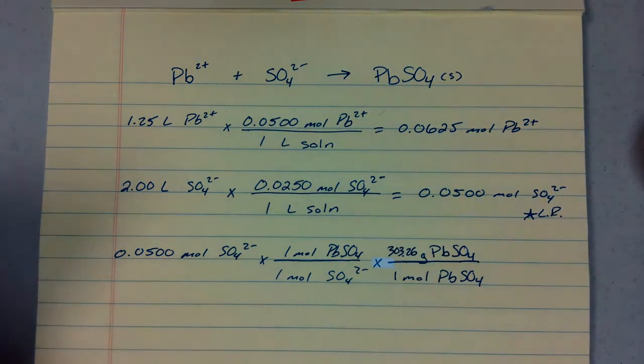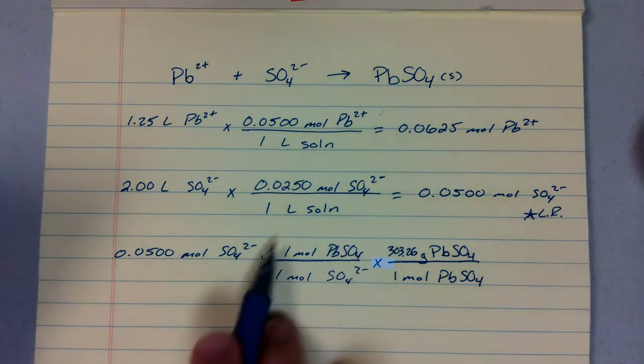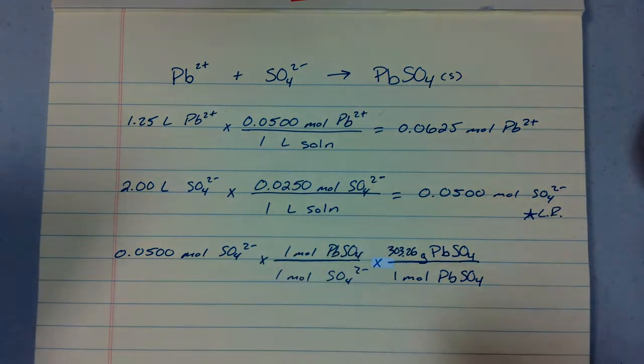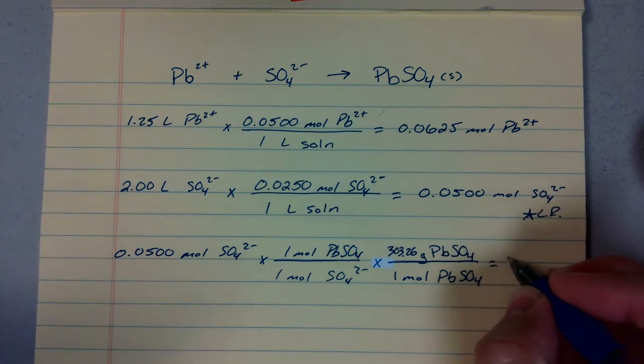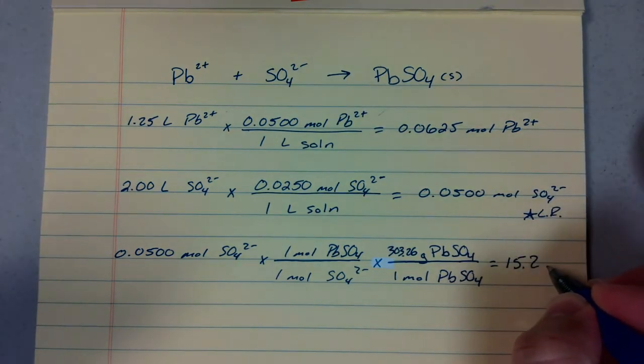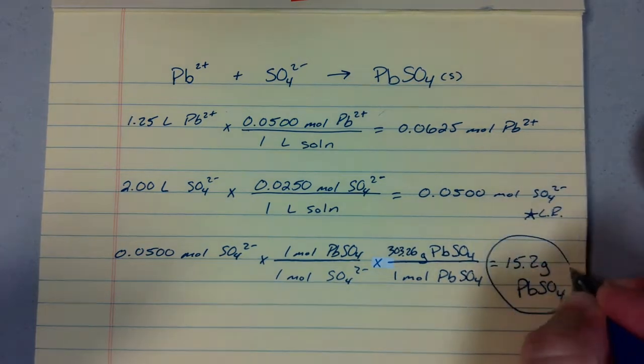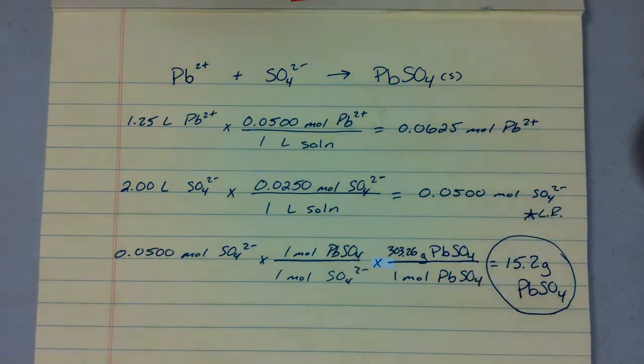Multiply that by 0.0500 moles of sulfate. This conversion factor, the ones cancel out, and we get 1.52 grams of lead 2 sulfate is our final answer. That's our mass of precipitate formed.